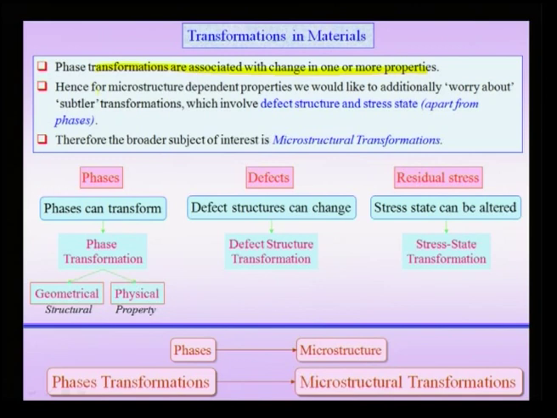And therefore, since properties are microstructure dependent, we would additionally like to think about, and worry as to how the defect structure and the stress state change apart from the phases. In other words, I need not only worry about the phase transformation, but I have to worry about how the defect structure changes and how the stress state in the material changes.